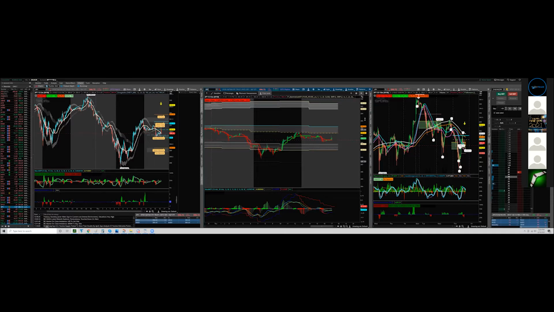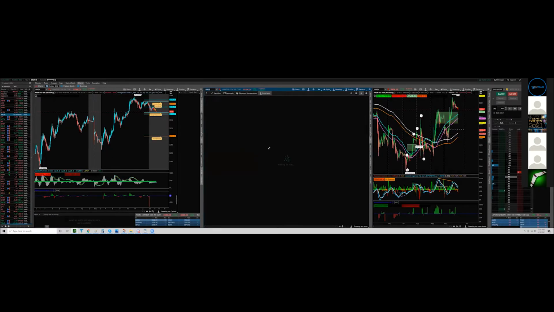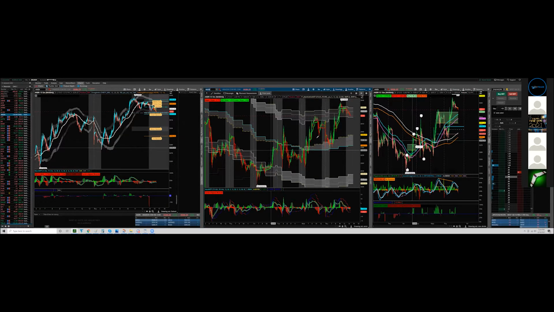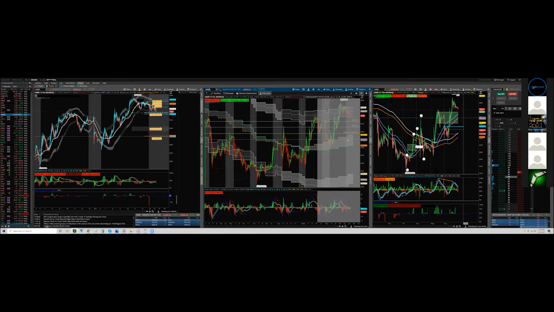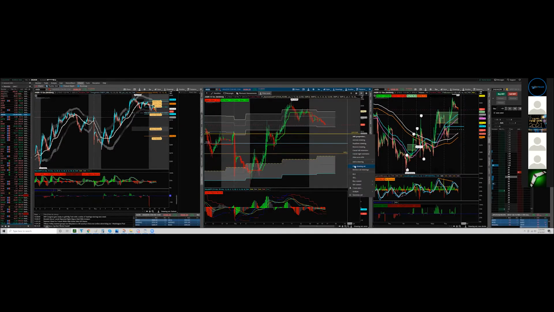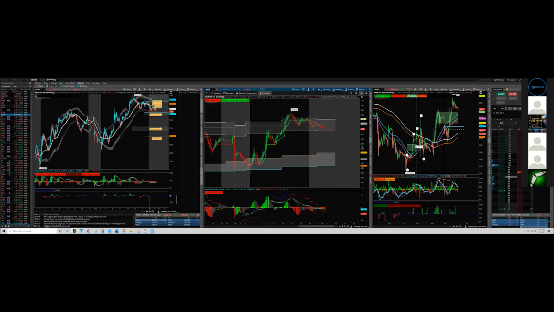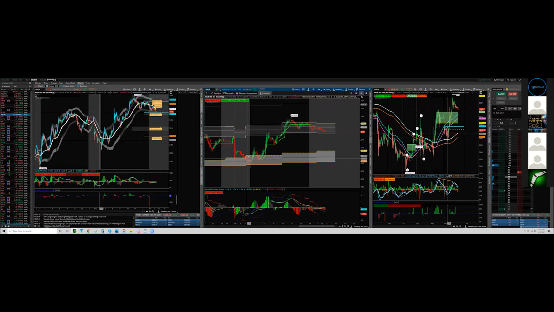One is if there's a support level that I'm looking at. Let's just talk about Amazon. Say this opened up and we spiked down to the mid right here, but the algos are up.